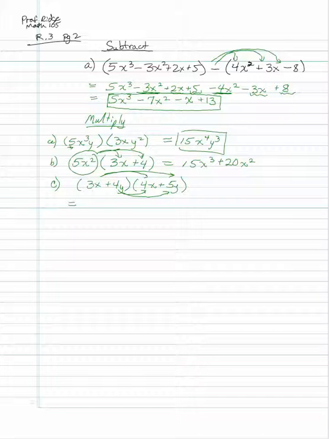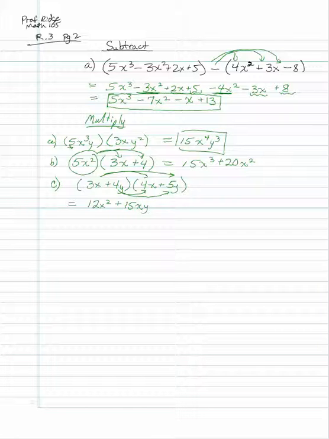All these are distributing. So you take the first term and distribute it. So we get 12x squared. Take the first term, distribute the second term in the second parenthesis. So 3x times 5y is 15xy. Okay, so now the first term's been distributed.